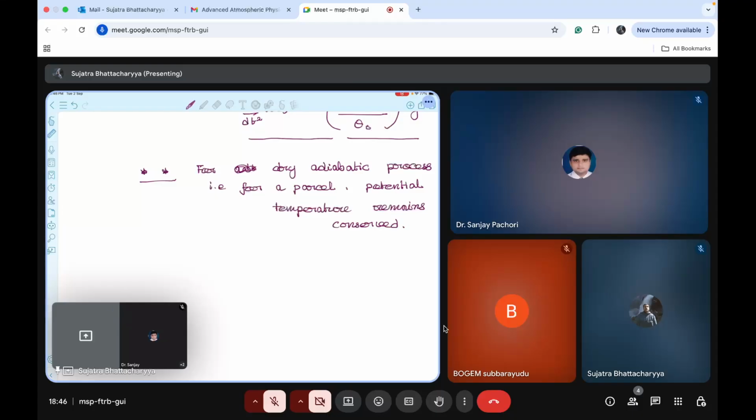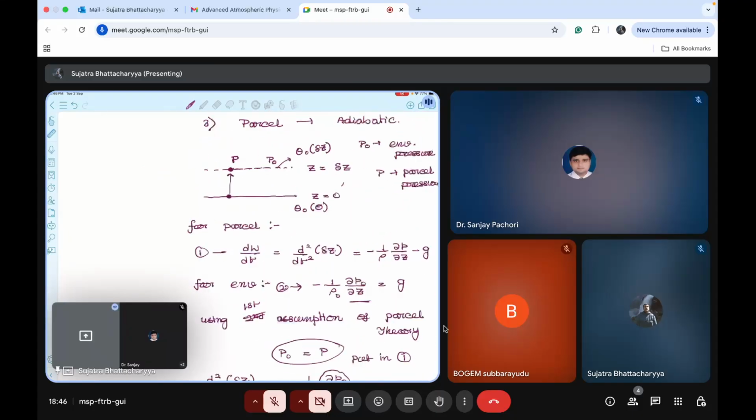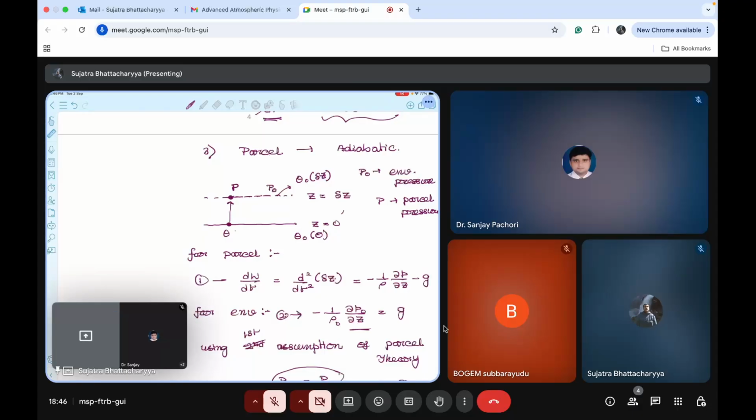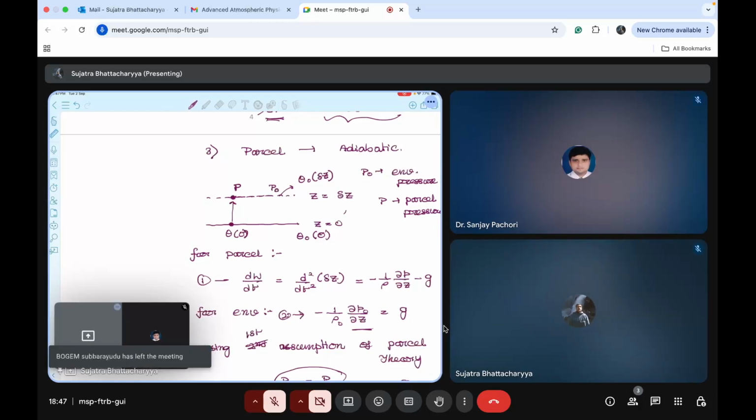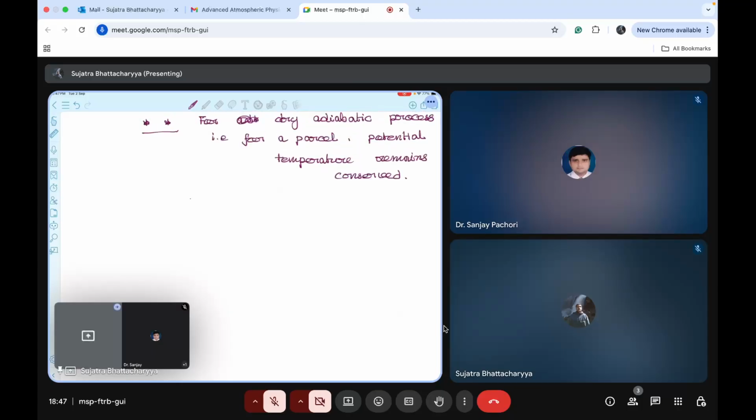Now let us come here. For the parcel, this will be theta of 0 because theta is for the parcel at 0 height. But here at P, it will be theta of delta z. But tell me, what will be the theta of delta z? At the surface, that is z equal to 0, theta of the parcel is theta 0, theta of the environment is theta naught 0.